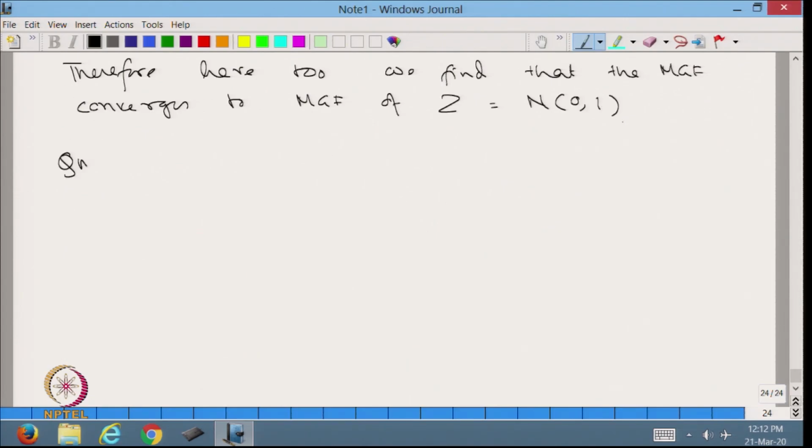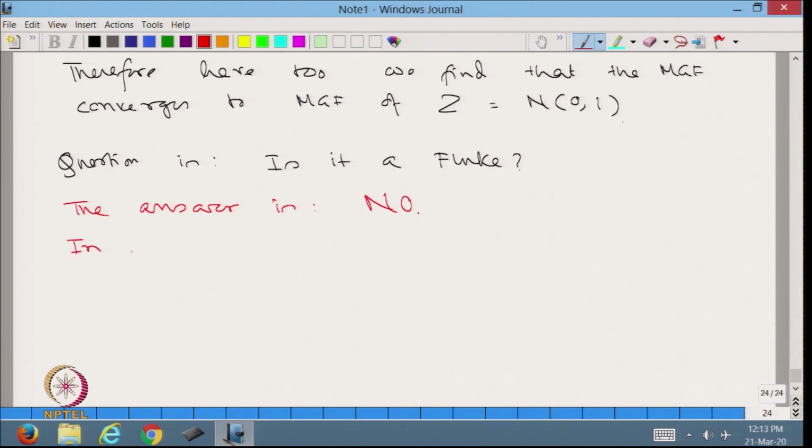The question is, is it a fluke? The answer is no. In fact, this is what the central limit theorem suggests.